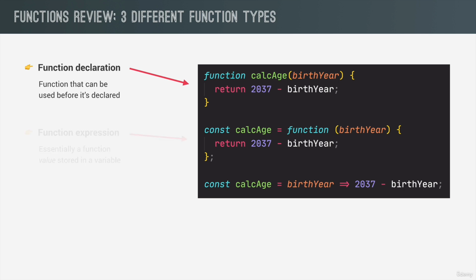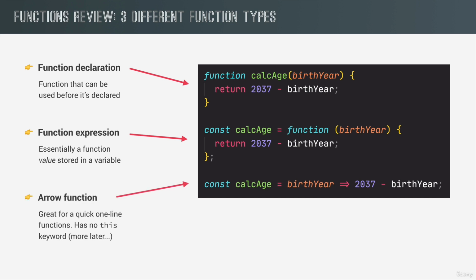Second, we have function expressions, and they are essentially function values that are stored in a variable. And finally, we have arrow functions that are in fact also function expressions, but special ones. And these are great for quick one-line functions where we don't need to explicitly use the return keyword and no curly braces either. I also said that this one has no this keyword, but more about that in one of the future lectures.